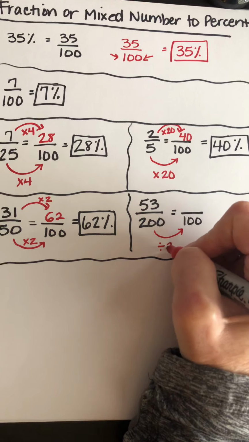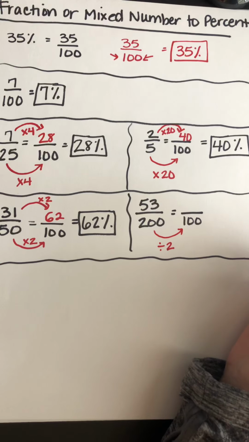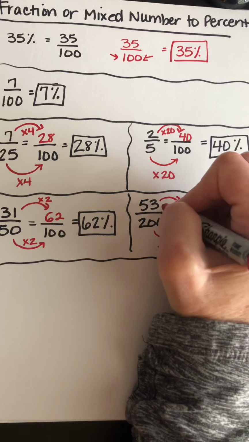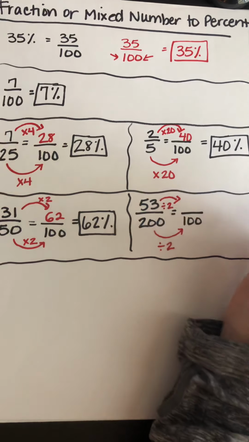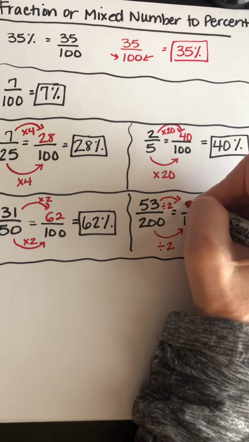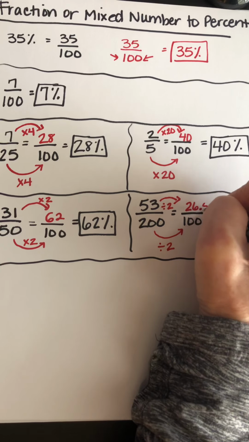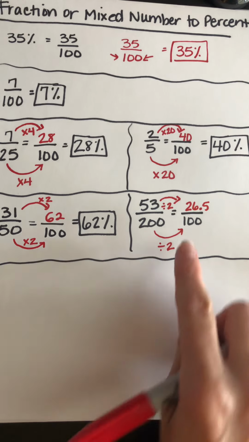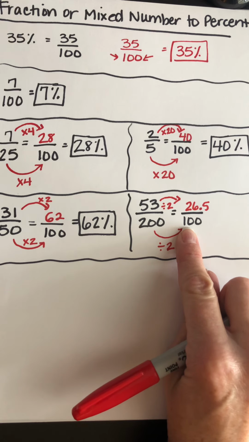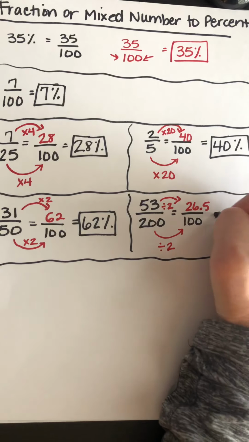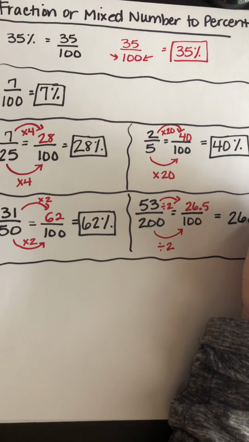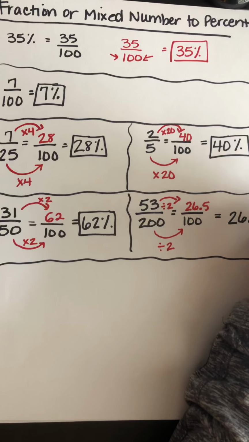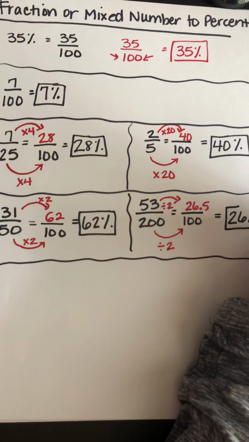So 200 divided by 2 gives me 100. So if I did 53 divided by 2, which you can use a calculator for if you need to, that is 26.5. So now I have the fraction 26.5 over 100. You just take that 26.5 off of the fraction and add your percent sign.